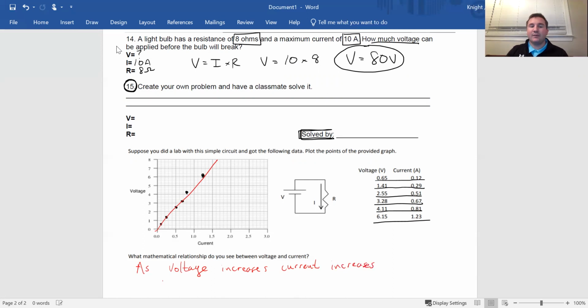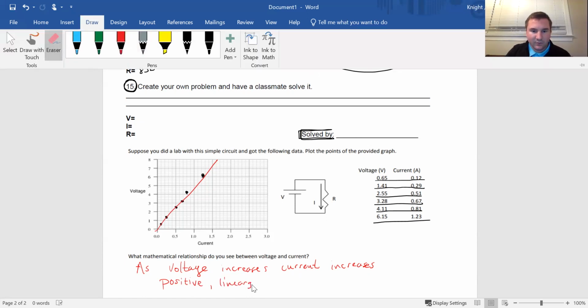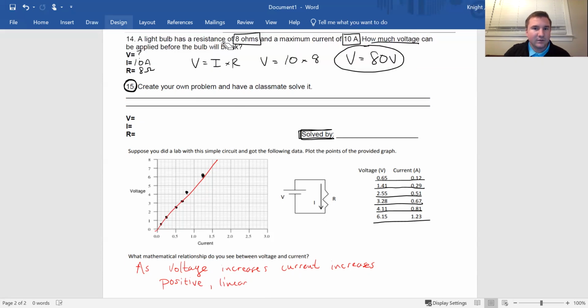We would call this a positive linear, hold on, I spelled that wrong. You're not wrong, but I added an extra letter there. Close. Positive linear relationship. Right? It's positive because it's going up this way. It's linear because it looks like a line. So it is a positive linear relationship.